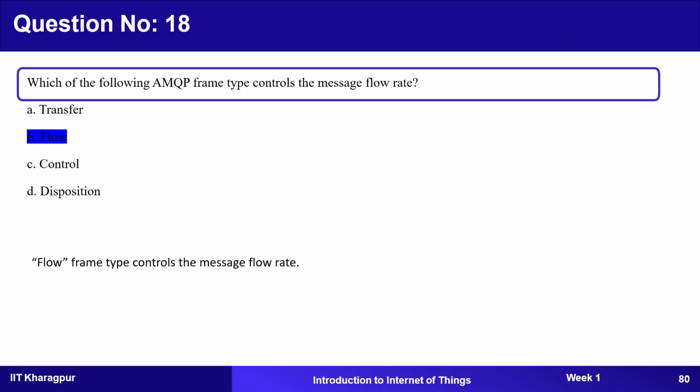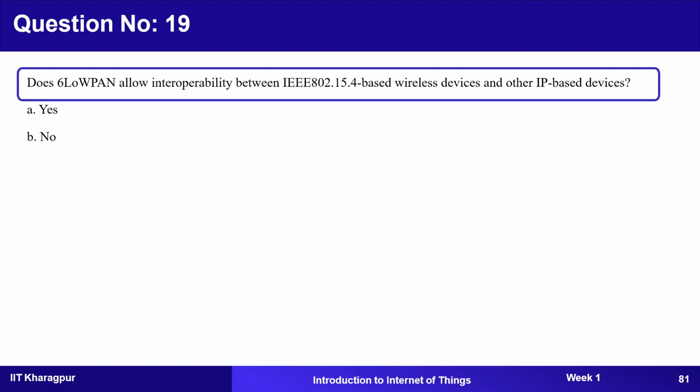Next question is, does 6LoWPAN allow interoperability between IEEE 802.15.4 based wireless devices and other IP based devices? Yes or no? So basically the question is, does 6LoWPAN provide interoperability or not?